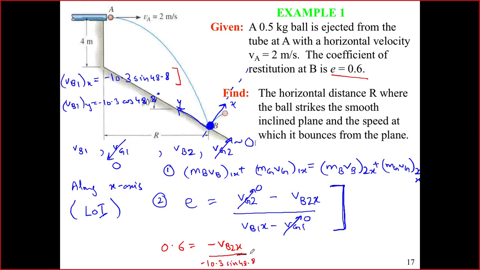And when we substitute this directly, I get my VB2 in the x direction. That is 10.3. What do we get?